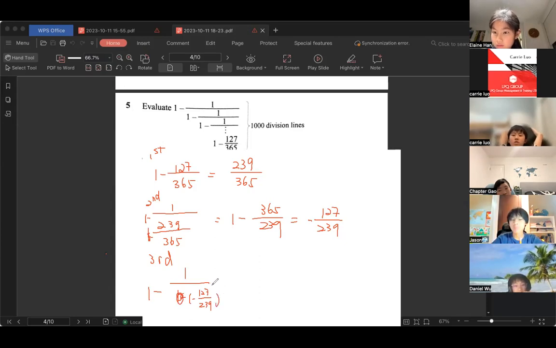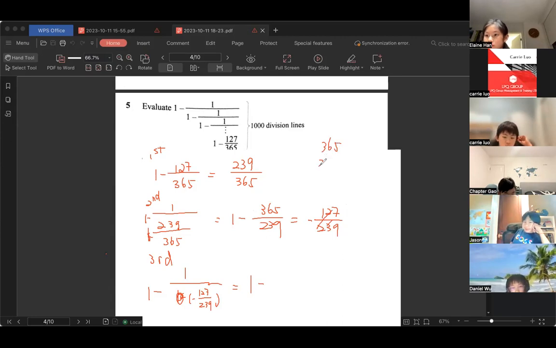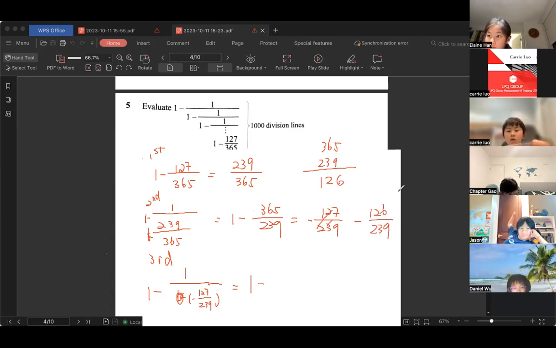No, there's no... 1 minus. Correct? So equals 1 minus... no, my calculation is wrong. So 365 minus 239 equals 126. So negative 126 over 239, correct?